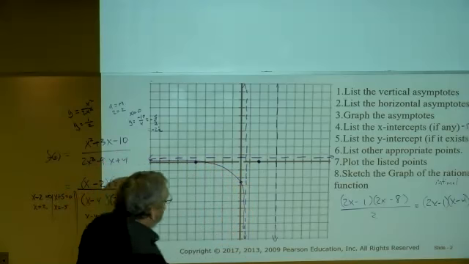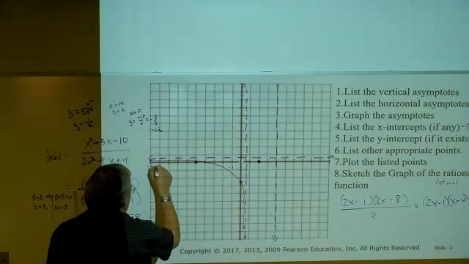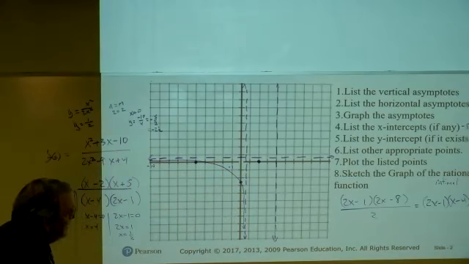Something like that. To be more accurate, I would find out what happens at -1 and what happens at -10 to see what's going on there more accurately. And that'd be easy to do.